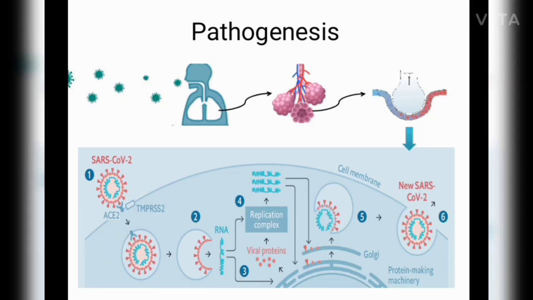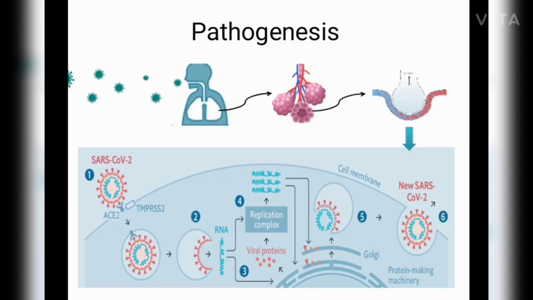The virus generally enters through a process called endocytosis, in which the viral envelope directly fuses with the host cell membrane. Once entered into the cytoplasm, it is now capable of producing viral proteins by attaching its RNA to the host ribosome, which is done by the process called translation.